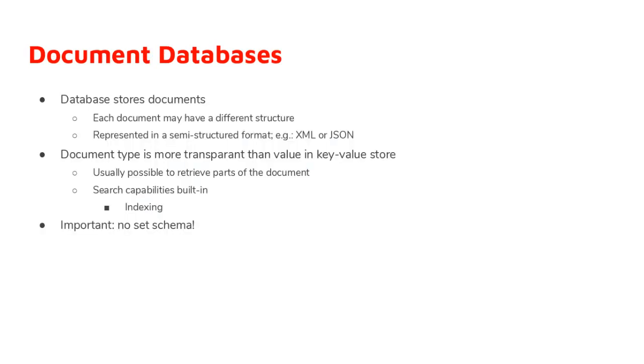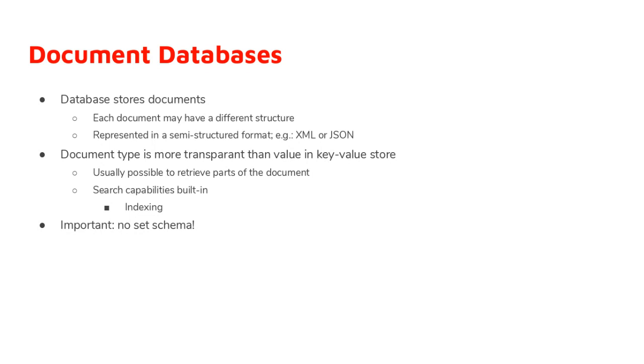And a document database is just that. It stores millions and millions of documents. Each document has its own structure. They're all represented in either XML or JSON. And it's a little bit more transparent than a value in a key value store, where you usually have a simpler type of value. With the document oriented database, it's also possible to retrieve parts of the document.